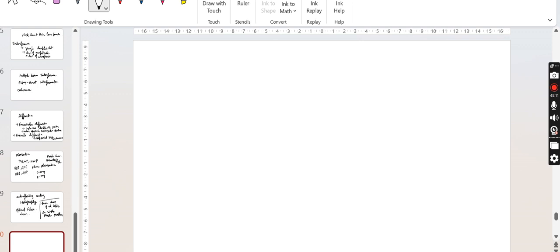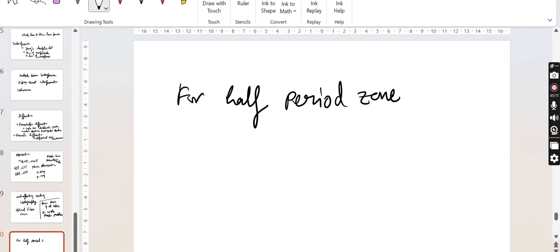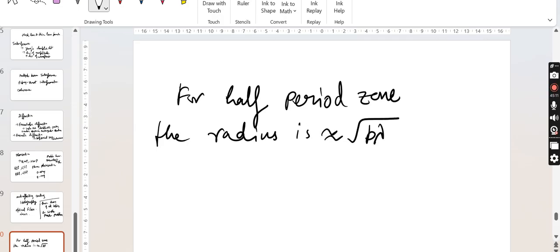For the half period zone, the radius is root of b lambda.